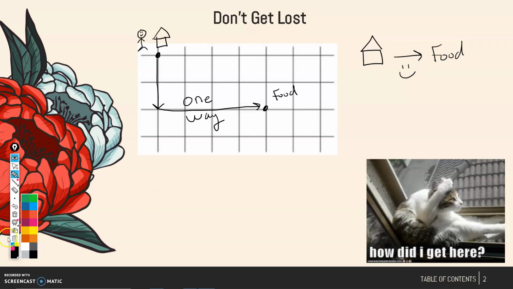However, when Juan turns around to try to get back to his house, he's now going to try to go back. Oh no, I can't go this way now because it was a one-way street. Juan can't go back the exact way he came, and that's all Juan knows how to do. So Juan cannot go from his food back to his house, and so Juan is stuck.